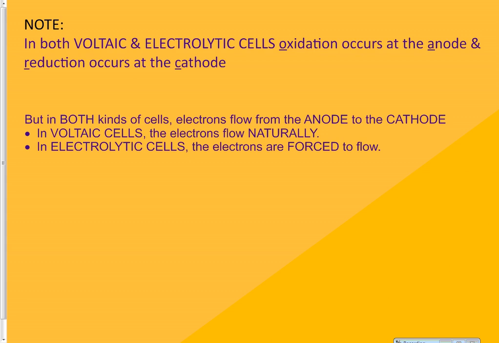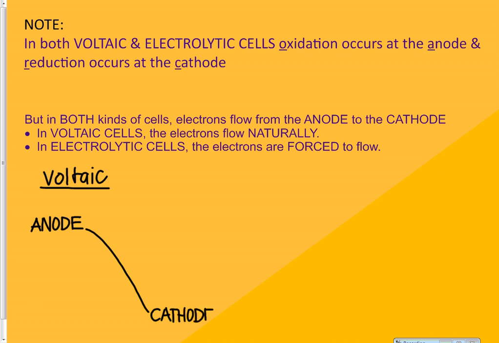Also, in both kinds of cells, electrons always flow from anode to cathode. So you may want to add this into your notes if you have room for it. If we think of a voltaic cell, since a voltaic cell happens naturally, think of the anode to the cathode like a hill.